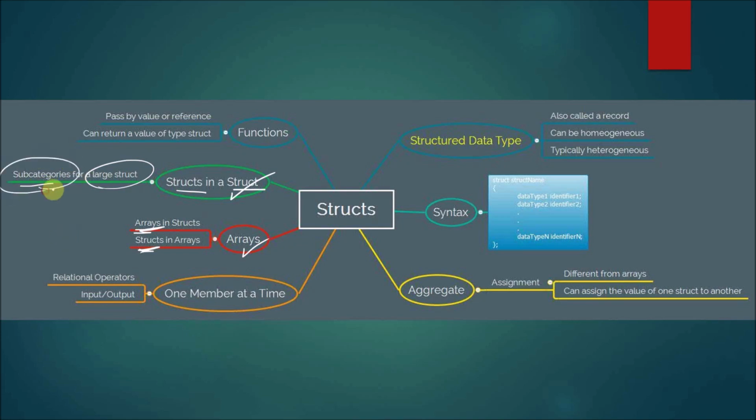Those subcategories, those structs, can be members, with an identifier, in a larger struct.